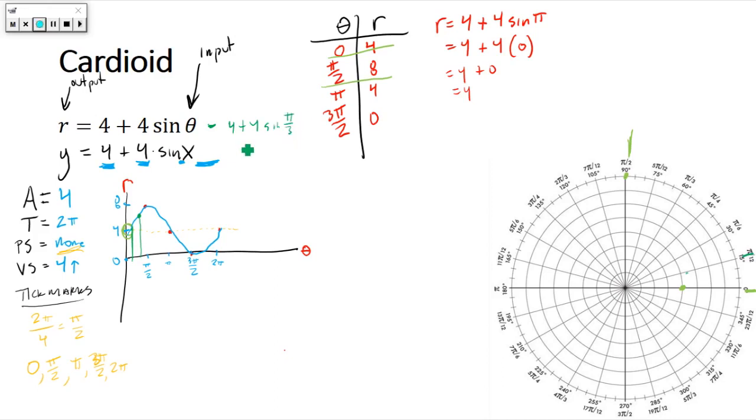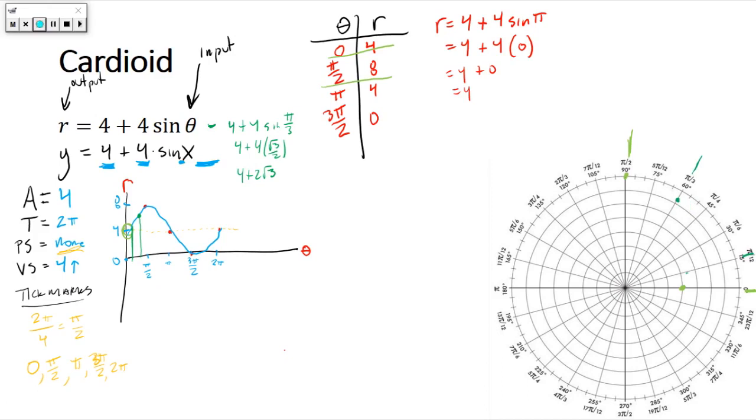So that'd be 4 plus 4 times root 3 over 2, so 4 plus 2 root 3. I don't know what root 3 is off the top of my head. It's like 1.7 something. 2 times 1.7 something is like 3-ish. So 4 plus 3. At pi over 3 we should be somewhere around 7, a little bit more than that actually.